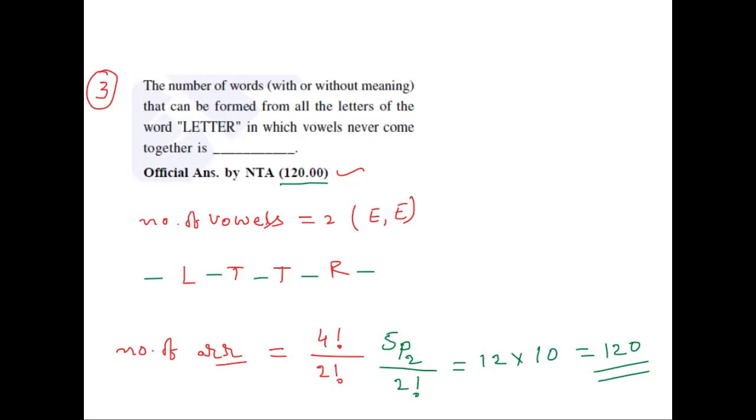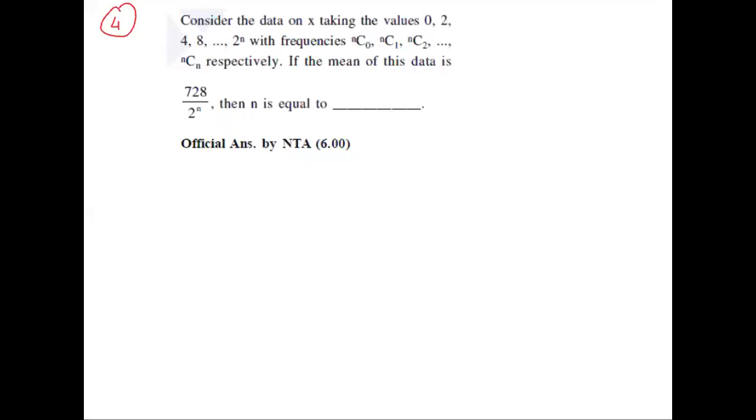Now we have discussed 3 questions. These 3 are very easy. Now see the fourth question. Consider the data on X taking the values 0, 2, 4, 8 and so on, 2 power n, with frequencies nC0, nC1 and so on up to nCn respectively. If the mean of this data is given, use the mean formula: X bar is equal to sigma fi xi divided by sigma fi.